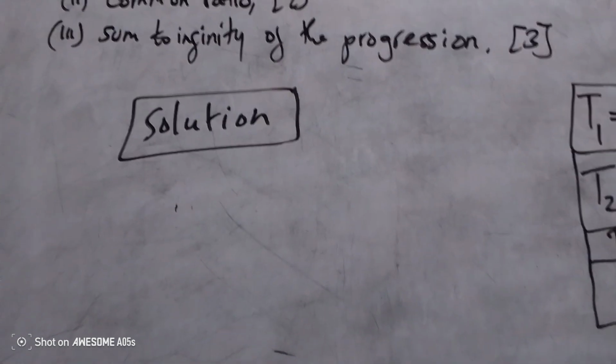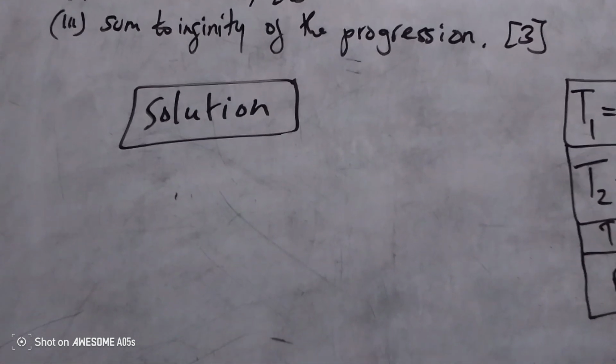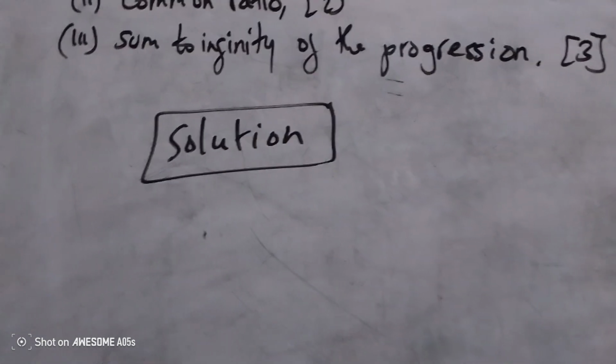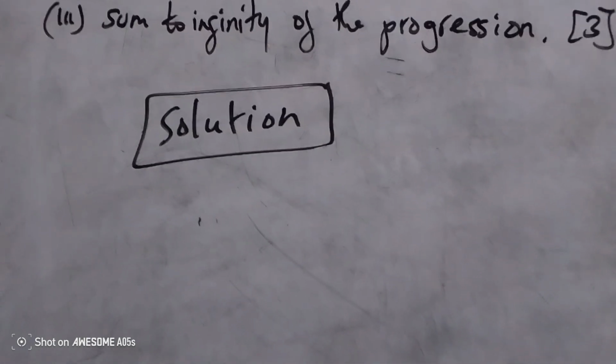Okay, let's go ahead and find the sum to infinity of the progression. The sum to infinity of a progression can only be found if your R is less than 1.